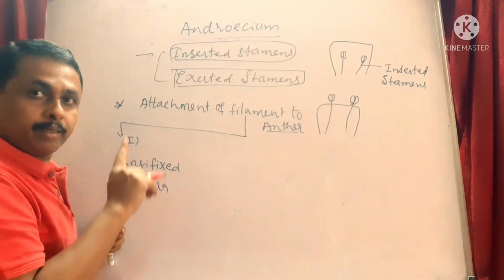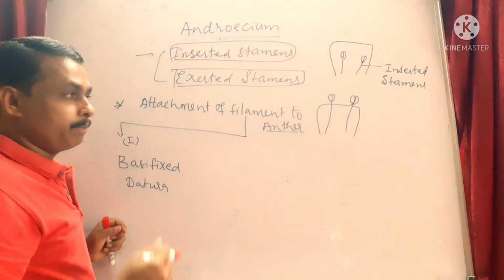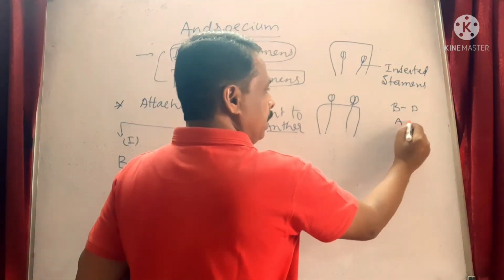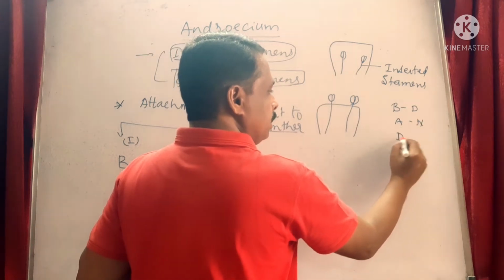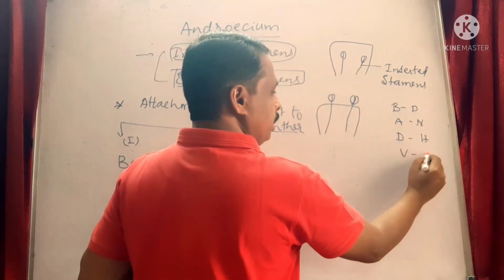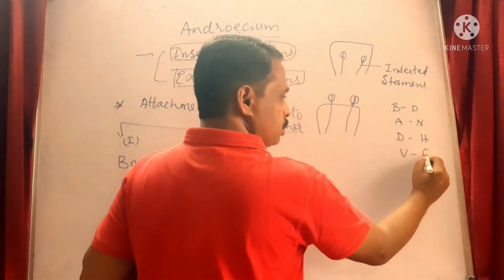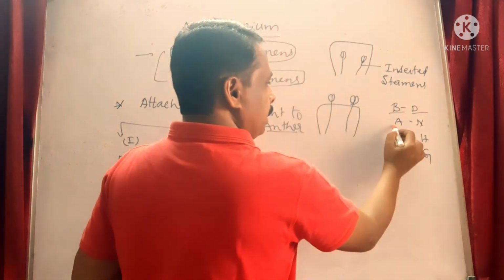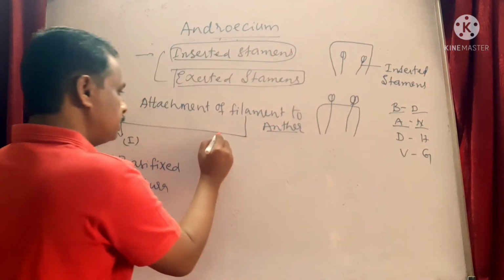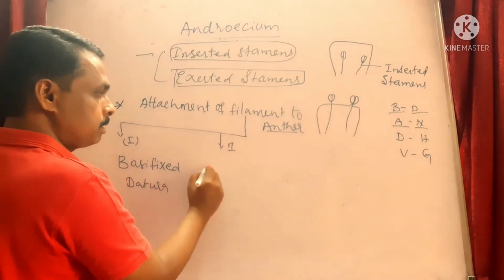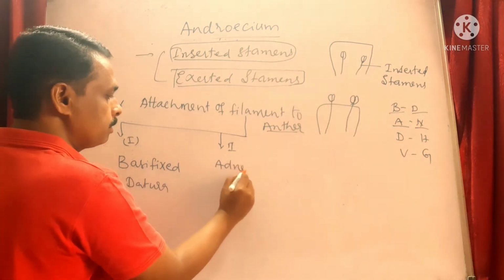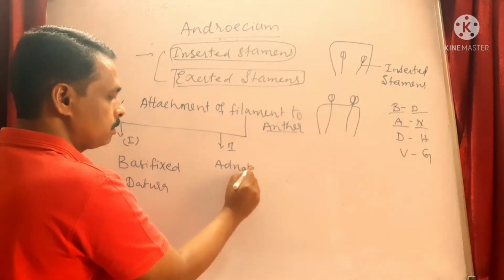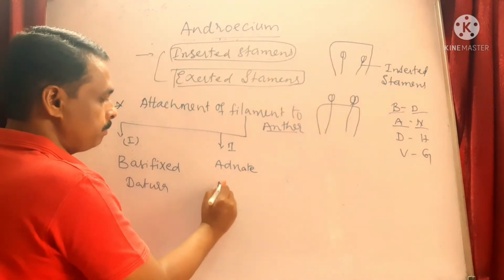To remember these types and examples, we can keep a code like this: BD, AN, DH, VG. BD: basifixed, Datura. AN: adnate, Nerium. The second one is adnate anther, example Nerium.